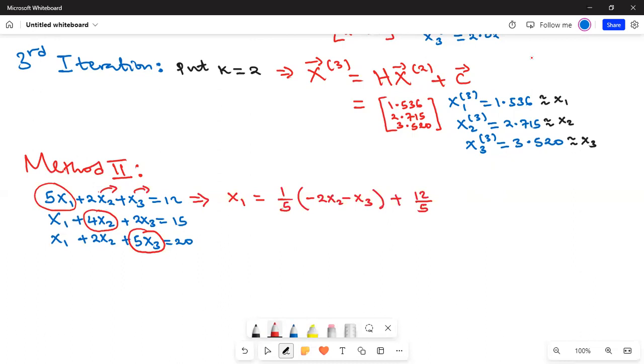Now in equation 2, you make x2 the subject, dividing by 4. So x2 is equal to 1 over 4 times negative x1 minus 2x3 plus 15 over 4.